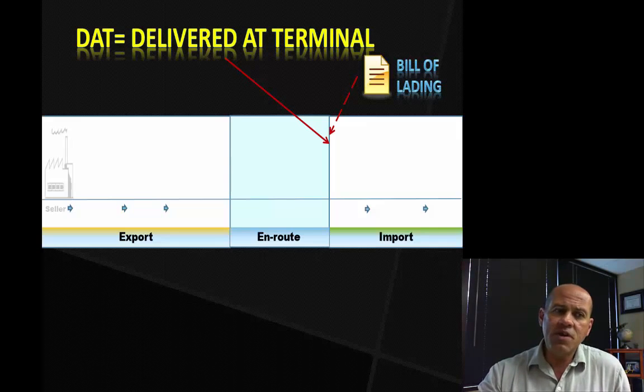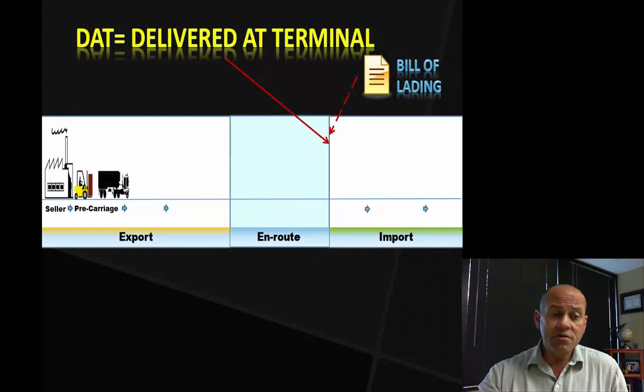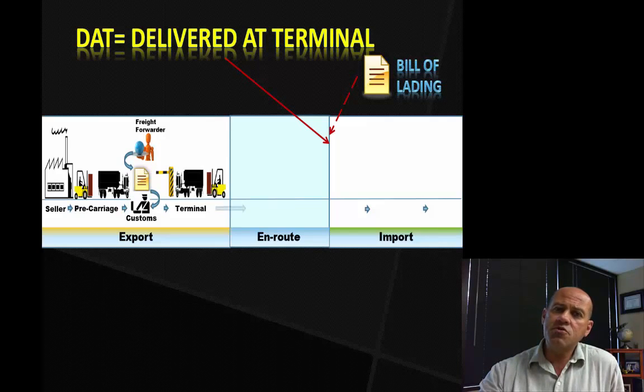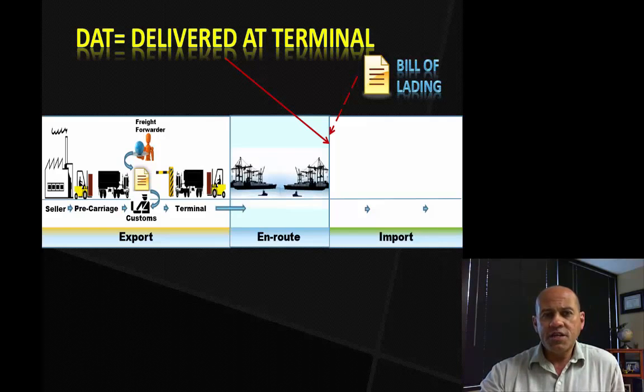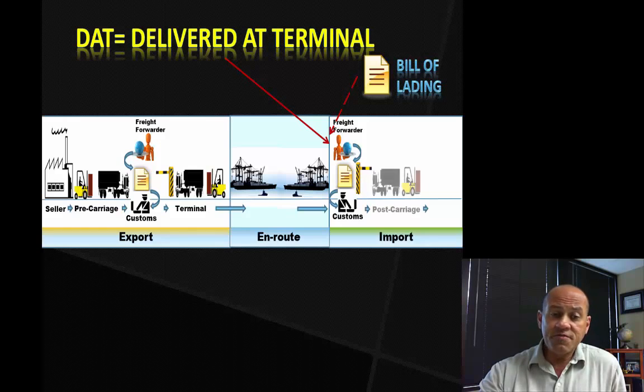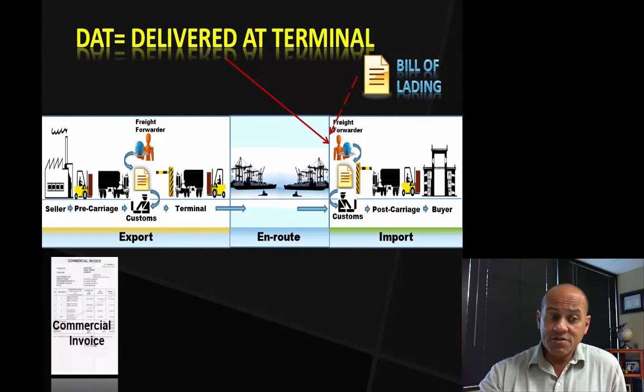The first Incoterm we have is called delivered at terminal. So the seller is going to be responsible not only for delivering the goods, getting them to the terminal, paying for the freight and insurance, but now they'll also be responsible for the offloading of the goods and making them available at the destination terminal, at which point the buyer will be responsible for customs formalities, any costs related to customs brokerage fees, and delivery to the ultimate destination.